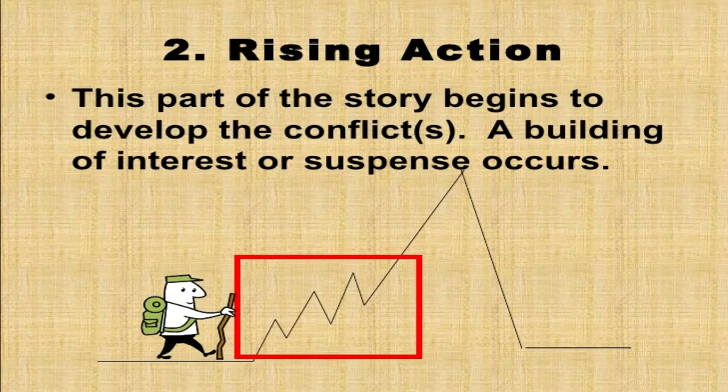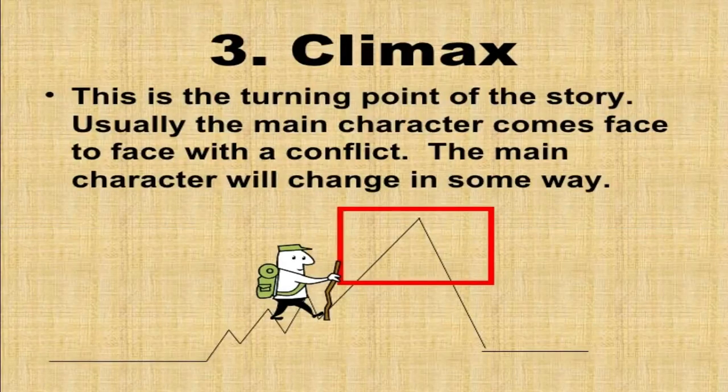What are we waiting to find out, though? We're waiting for that climax, that big moment. Sometimes we call this the turning point in the story. What's the most exciting thing? What are we looking forward to finding out? That's the climax. That's at the very peak. This is the turning point of the story. Usually the main character comes face to face with a conflict. In that example with the pictures, I had Darth Vader and Luke Skywalker.